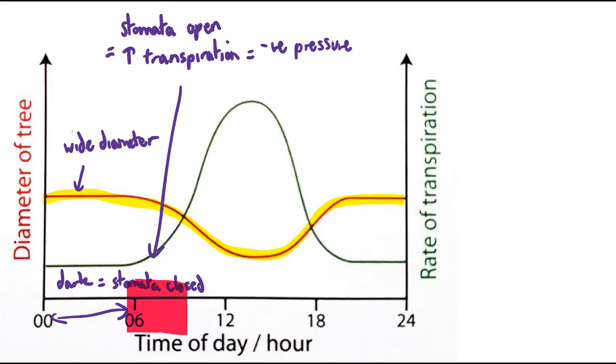Now, when we reach this time, between, let's say, 12 to 2 o'clock, where the sun's going to be highest in the sky, there'll be most light available, probably also coinciding with the highest temperatures. That's where the rate of transpiration is going to be highest. And that also coincides with where the diameter of the trunk is going to be smallest, because at this point there's the greatest transpirational pull.